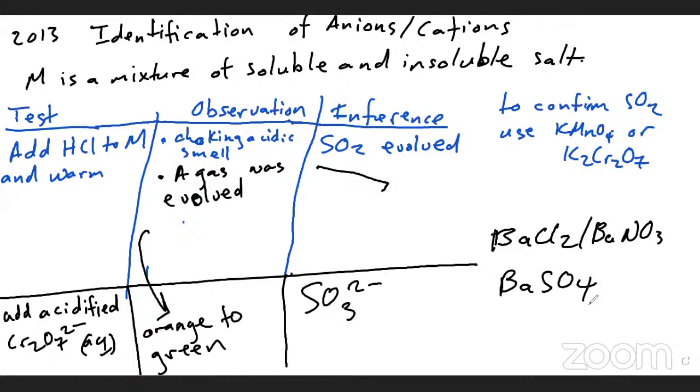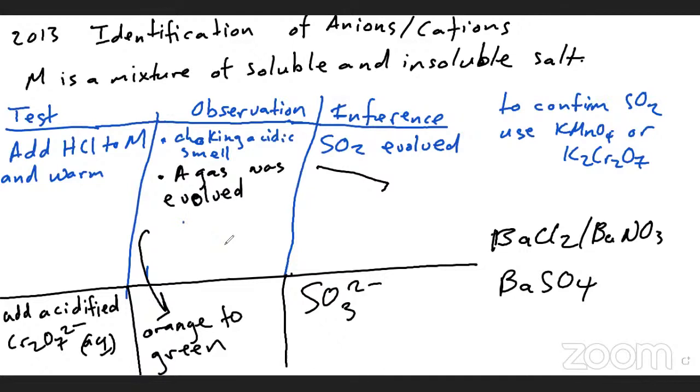But the sulfite would not give you a precipitate. That is why we need to confirm it by allowing a gas to be evolved. So we do this type of reaction to produce the gas to confirm sulfite.